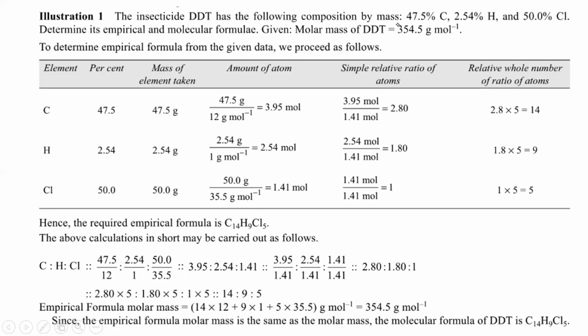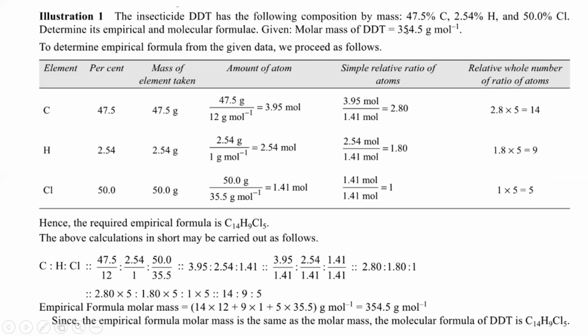DDT is used to kill insects. They have given the composition of DDT: 47.5% carbon, 2.54% hydrogen, and 50% chlorine. Now we have to determine its empirical formula, and the molar mass of DDT is given as 354.5 grams per mole. To find the molecular formula, we have to know the molar mass, and that will be given in the numerical itself.